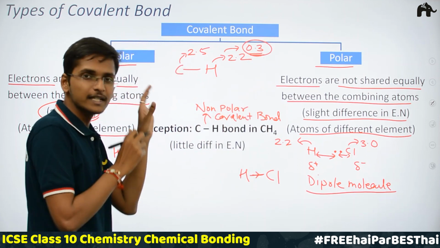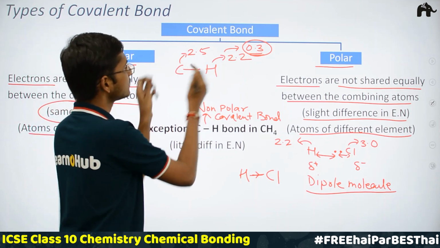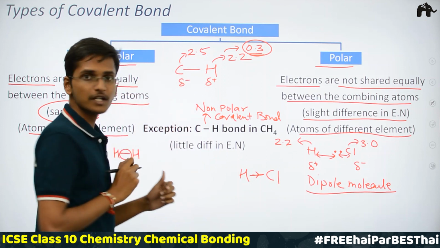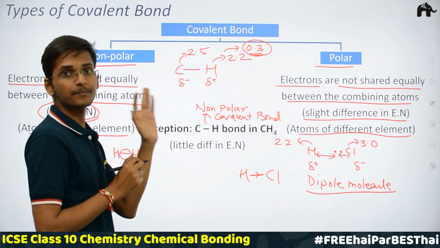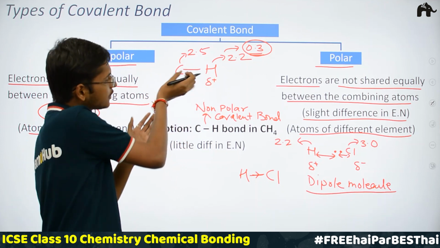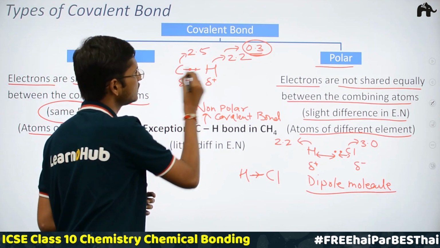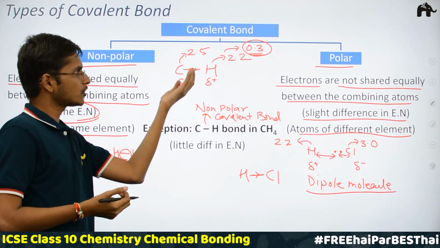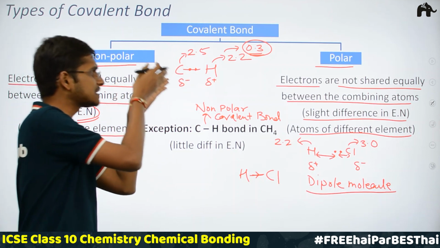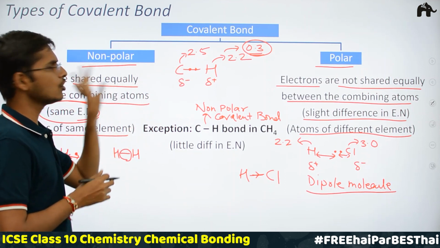Due to this very little electronegativity difference, they are not forming partial positive charges and partial negative charges. Since they are not forming these charges, the electron pair between this carbon and hydrogen is equally shared, because the electron pair is neither more towards carbon nor more towards hydrogen, correct? Since it is equally shared, we can say that this covalent bond is a non-polar covalent bond.